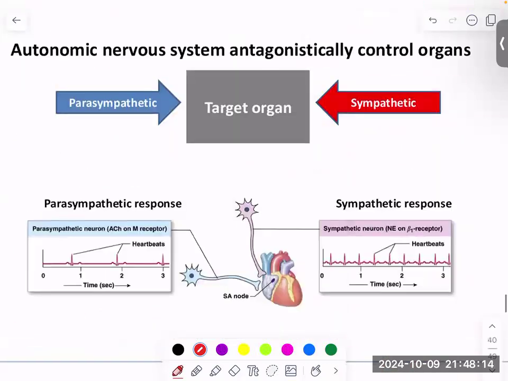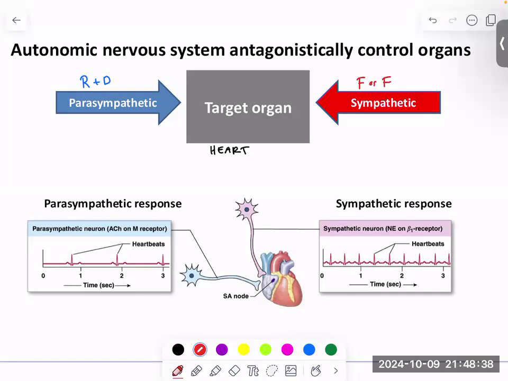Both will affect a target organ, like the heart, shown below. The parasympathetic, please remember, rest and digest. Sympathetic, fight or flight.